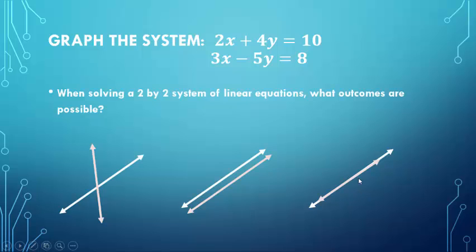And this last outcome means that if these are perfectly lying on top of each other, they have the exact same slope and they're going through all of the same points, so they're actually the exact same line. If you get these two cases, your information might be a little odd if it is supposed to be modeling a real life scenario, so you might want to go back and look at your information.